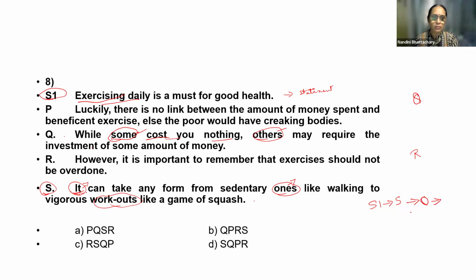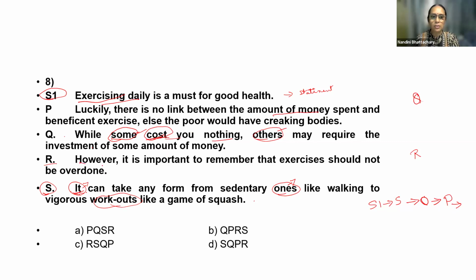So what will come after Q? Here we're talking about cost. P is talking about amount of money. So P can come after this. What are we left with? We are left with R, right?